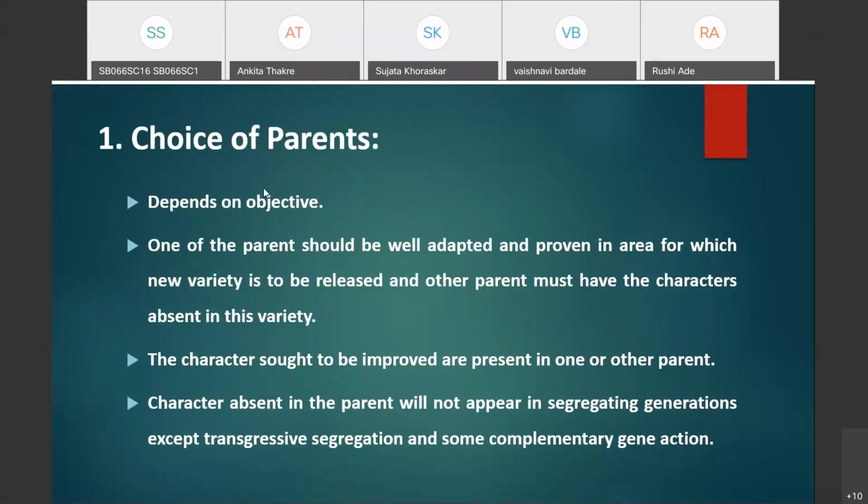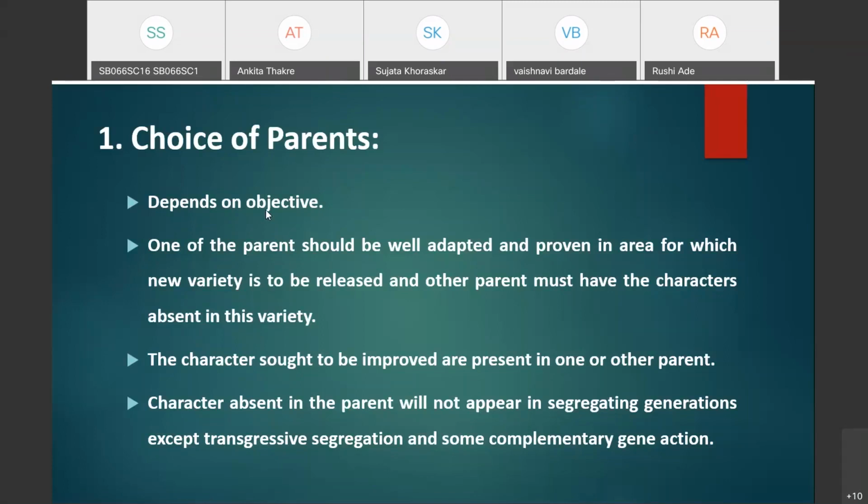We already discussed the different objectives, and apart from these, the increase in yield is always an objective of the plant breeder. The choice of parents mainly depends on the objective of the program.